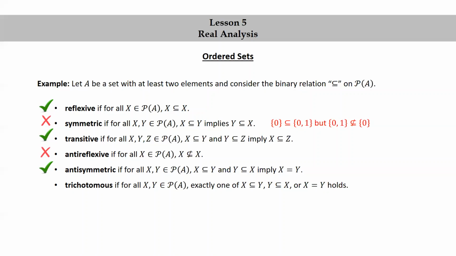Trichotomous, for all x, y in the power set of A, exactly one of x a subset of y, y a subset of x, or x equals y holds. That's false. For example, the set containing 0 is not a subset of the set containing 1. The set containing 1 is not a subset of the set containing 0. And the two sets are also not equal to each other.